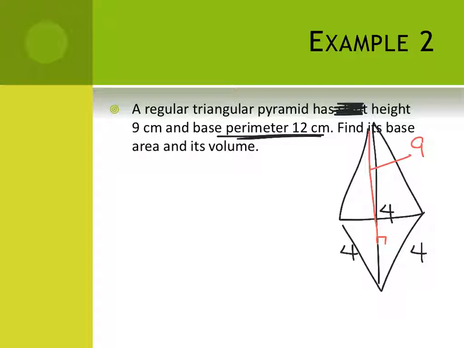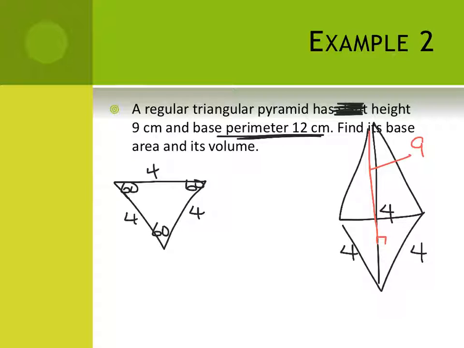Okay, so here I'm going to find the area of the base. Notice I don't have the height of the triangle base, so I actually have to use my 11.3 information. So I'm going to redraw my base over here. Notice it's regular, so I know each one of my angles is 60 degrees.